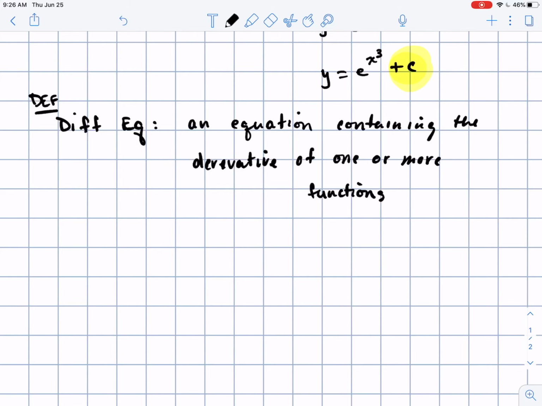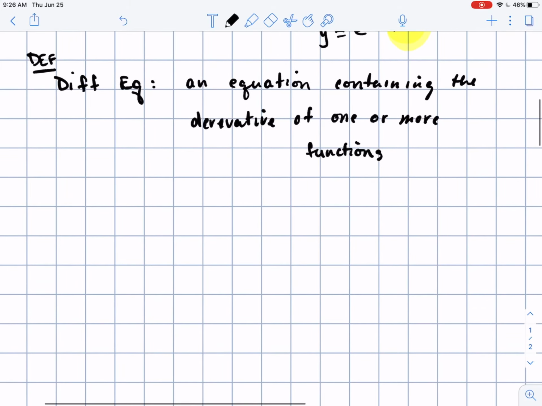Okay, so you could have different types of differential equations, and one is an ordinary differential equation.